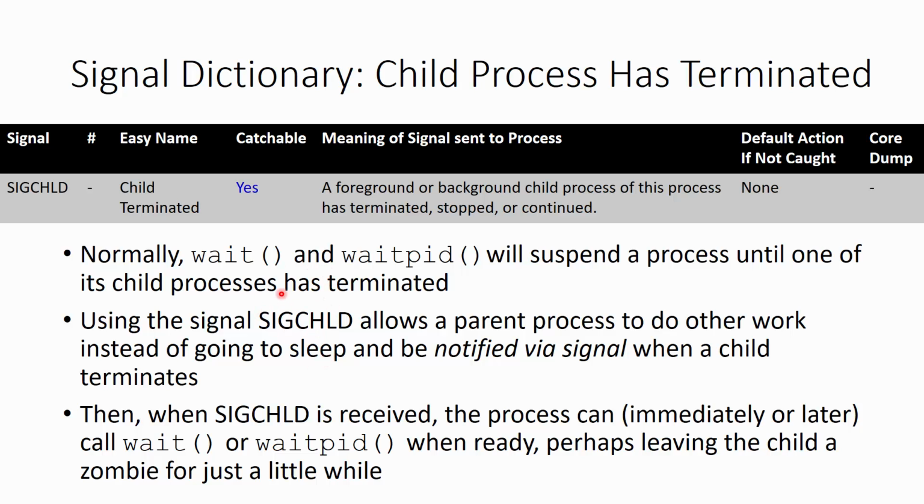And when that signal arrives, it can be used in our process to do what we want with it. So maybe we just wait for notification of child termination instead of blocking until child termination. So do whatever you want until it arrives, and when it arrives, deal with it then. We could then decide to immediately call wait or waitpid on what just arrived, or maybe we leave that child a zombie for a little while and finish up what we're doing and then go back and call wait.